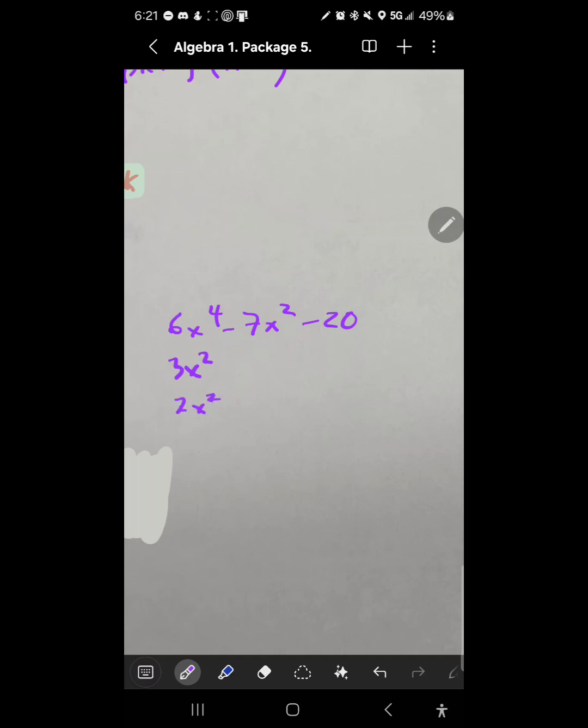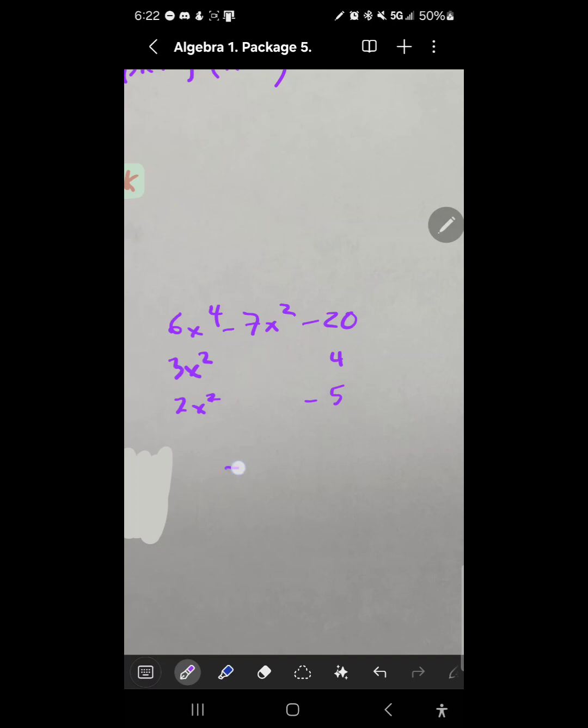If I multiply 2 times 3 is 6, x squared times x squared, x⁴. Now two numbers that I multiply and I get negative 20. One has to be negative and the other has to be positive. And there are a lot of possibilities, but I'm just thinking 5 and 4. So it could be negative 5 and 4. Let's see if this works.